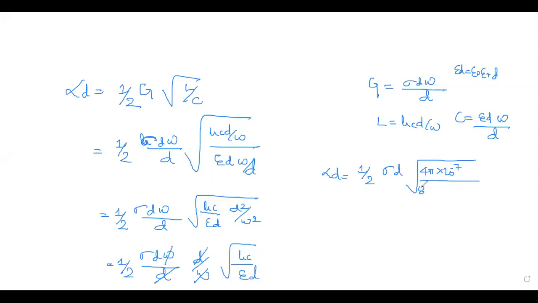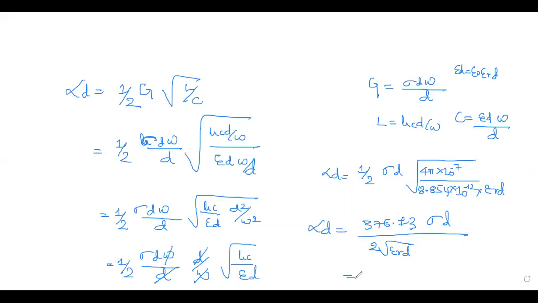So this is 8.854 into 10 to the power minus 12 into epsilon_rd. So we know the value of this, 4 pi into 10 power minus 7, 8.854. You will get it as 376.73 or 377 sigma_d divided by 2 times the square root of epsilon_rd.